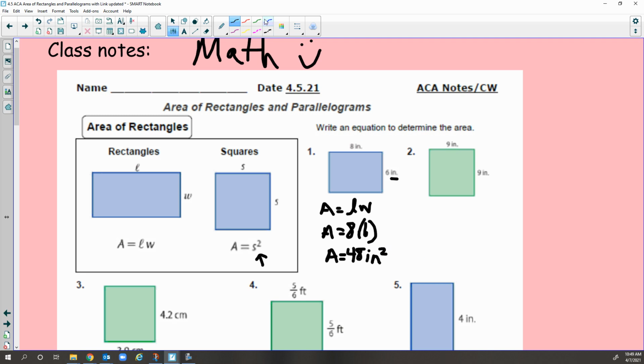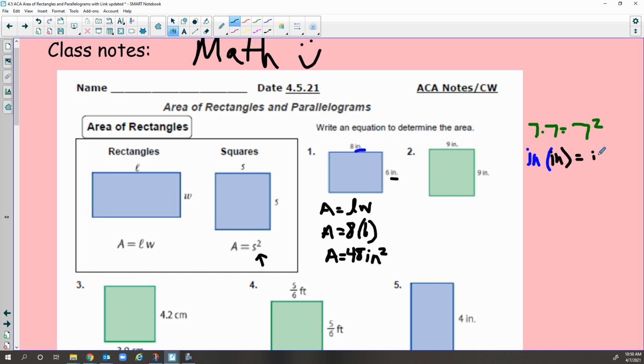I want to show you something cool about this. You're used to seeing 7 times 7 also written as 7 squared. Well, look what we're doing here. We're doing length times width, but what if I just put the units there, inches and inches? If I did inches times inches, what would another way to write that be?